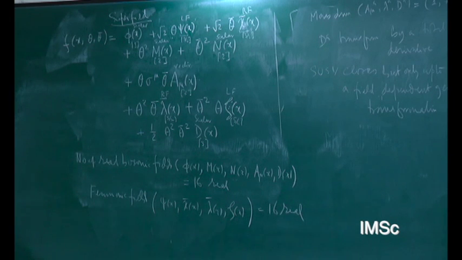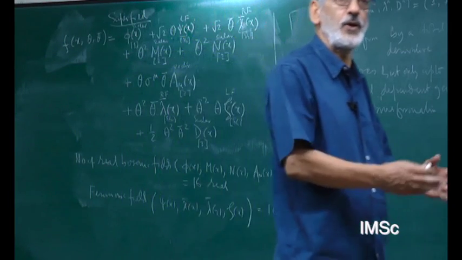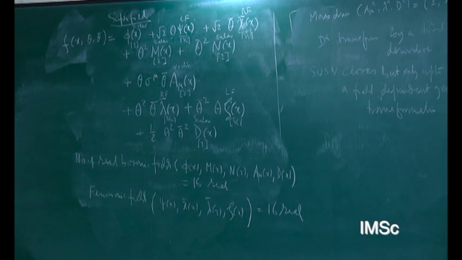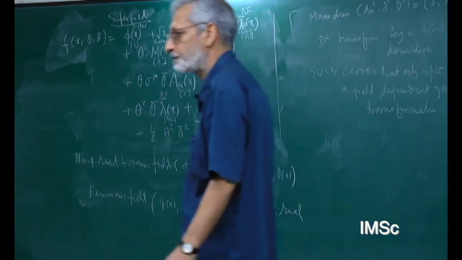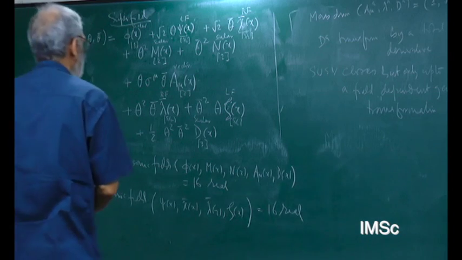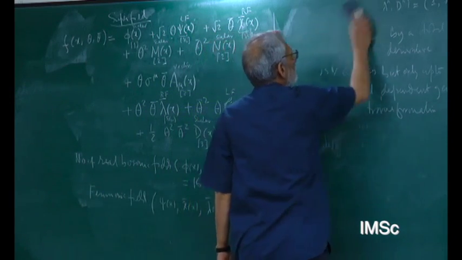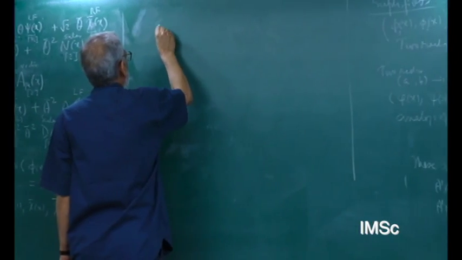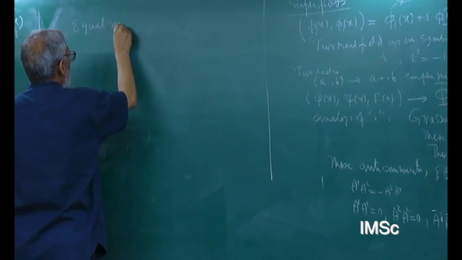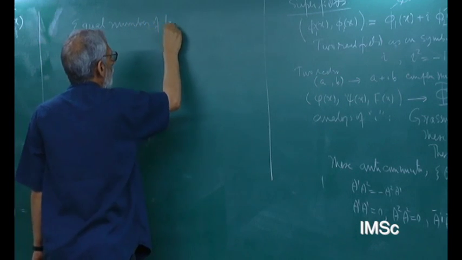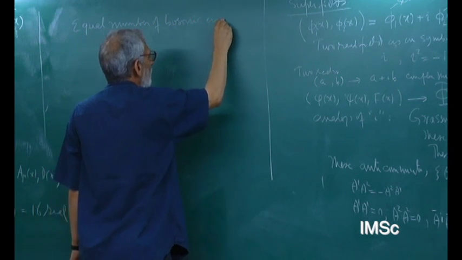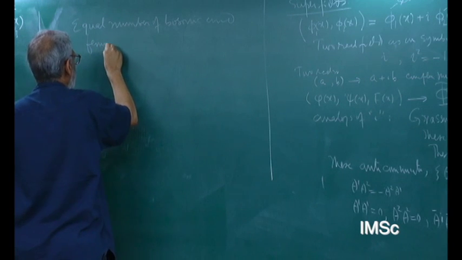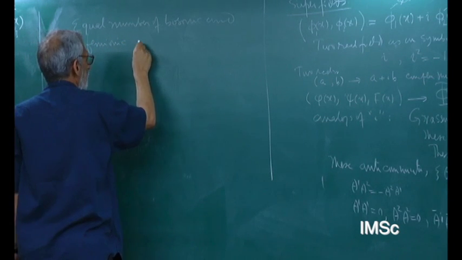So this tells us that a superfield by construction has an equal number of bosonic and fermionic independent fields. It's by construction. That's a property of a superfield: equal number of bosonic and fermionic degrees of freedom.